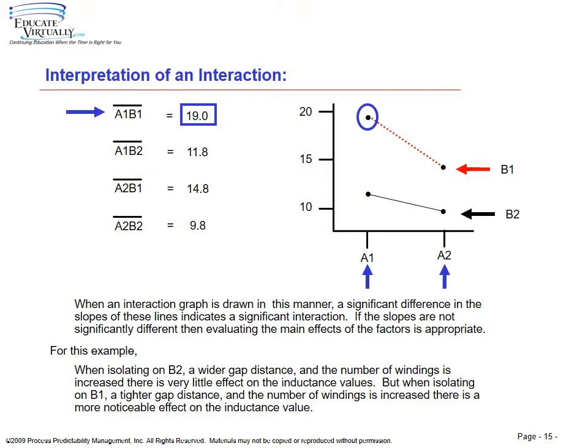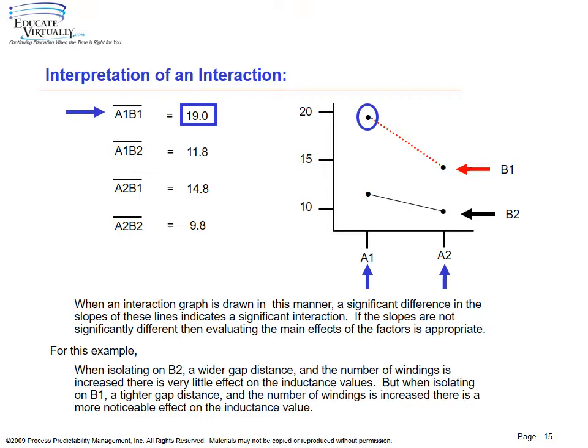And that's our best setting. When isolating on B2, a wider gap distance, we see that as we change the number of windings, there's not much of an effect. But if we isolate on B1, the tighter gap distance, we can see that as we increase the number of windings, there's a more noticeable effect on the inductance value. So at that level of gap, it's more susceptible to changes in the number of windings. That's what an interaction is all about.